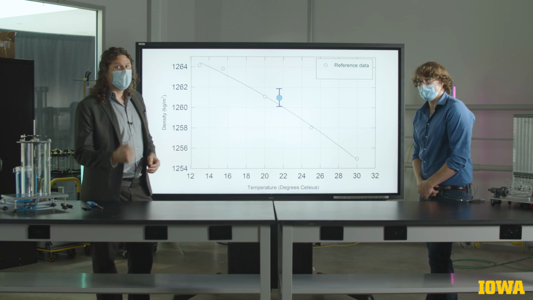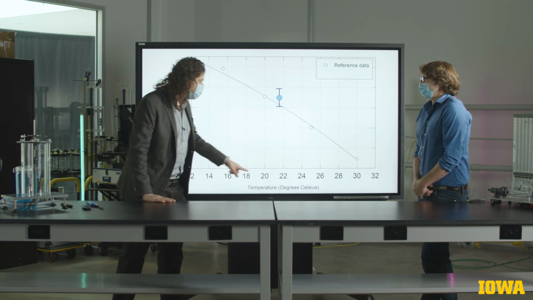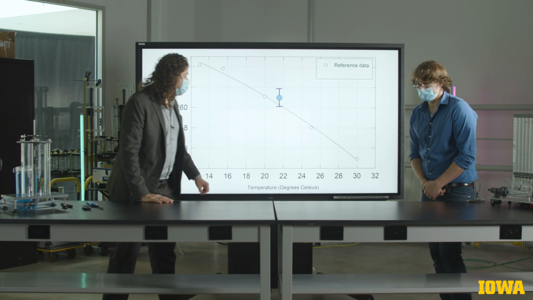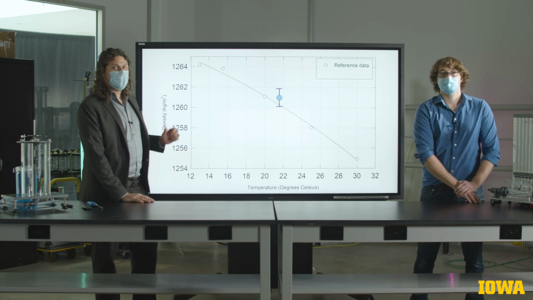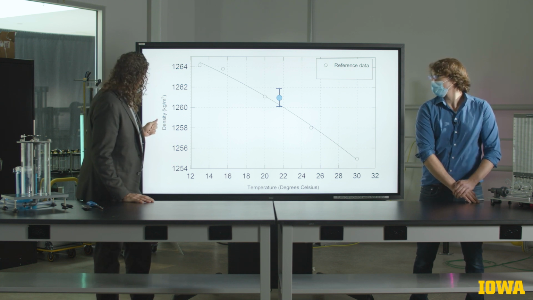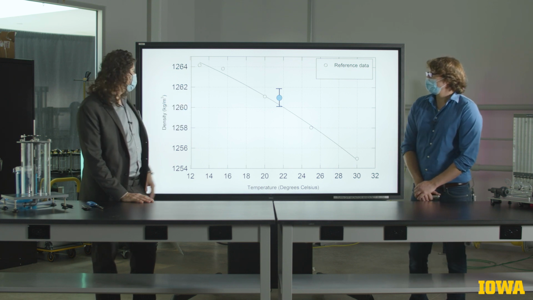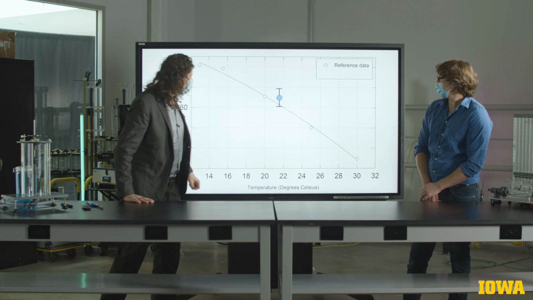If you remember, one of the variables that we measured during the experiment was the temperature of the fluid and the temperature of the room, and we said that the properties of the fluid were dependent on the temperature of the room. In this case, this chart shows how the glycerin that we use changes density as a function of temperature.